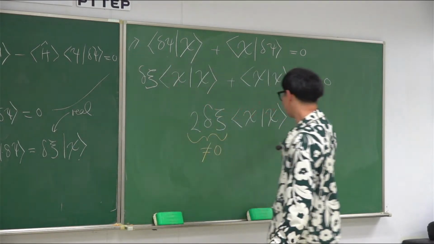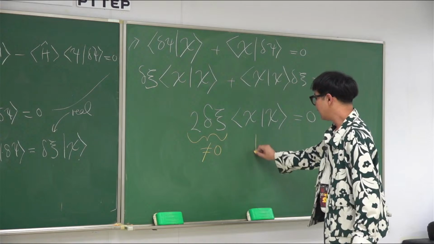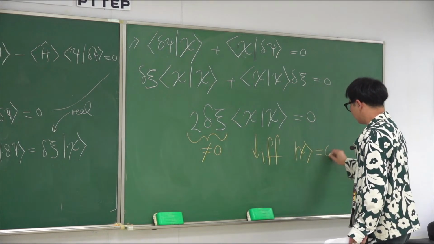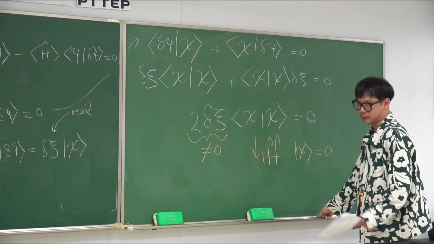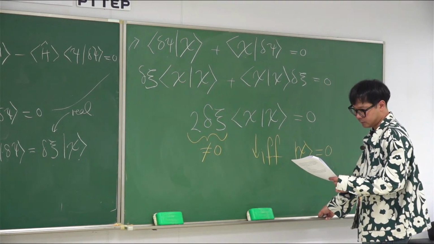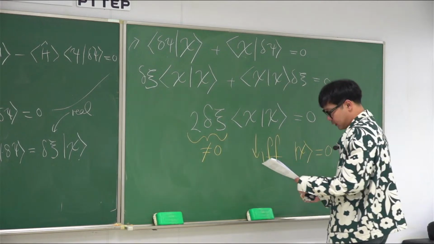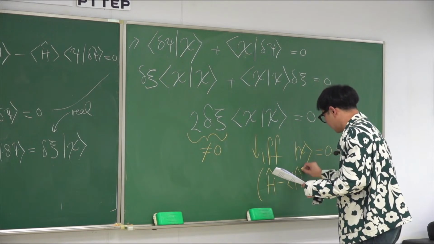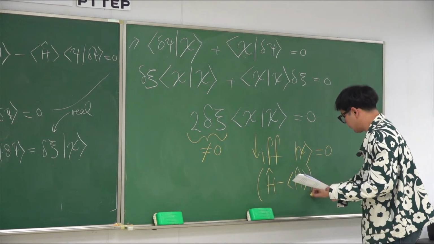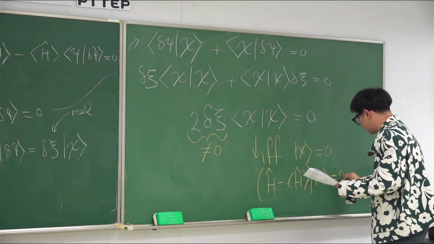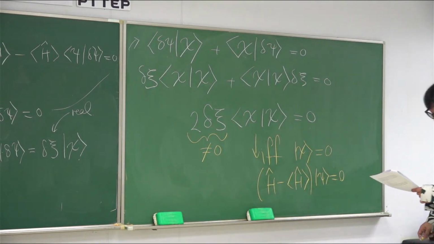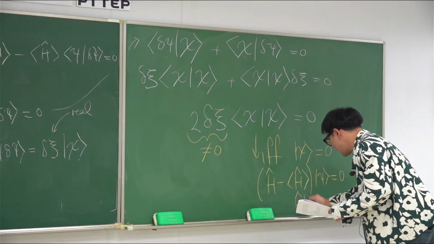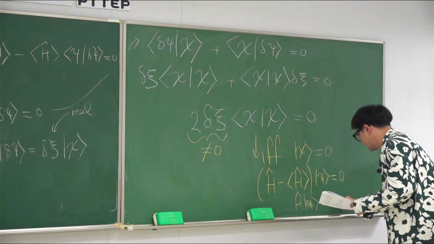It means that this equation holds if and only if this must be 0, right? So it means that this is going to be 0. Then, of course, what you have is that here.